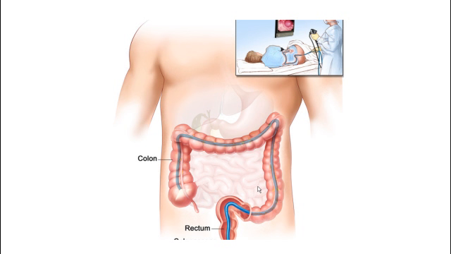This is a good internal look where they actually pass a camera up the rectum and then through the entire lower intestine, the colon, and they can show it up on a video screen, and they can clearly identify polyps, irritated mucosal tissue, and of course they could certainly see a mass that was in the colon. So this is a very sensitive and direct way of being able to identify lesions.